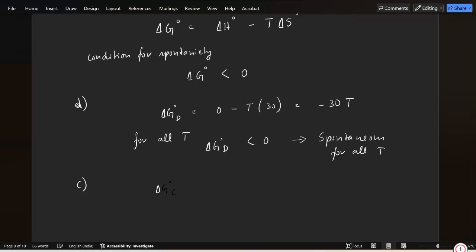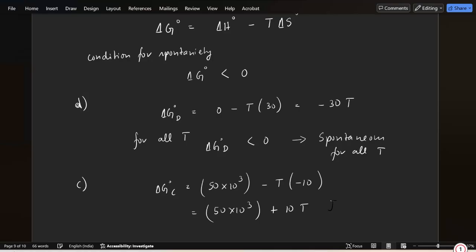Delta G not C is 50 into 10 power 3 joules minus T into minus 10 joules per Kelvin. So this is going to be 50 into 10 power 3 plus 10T, in joules.